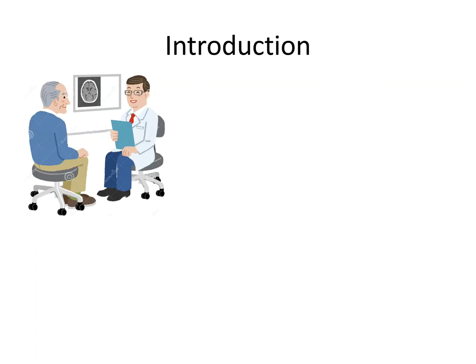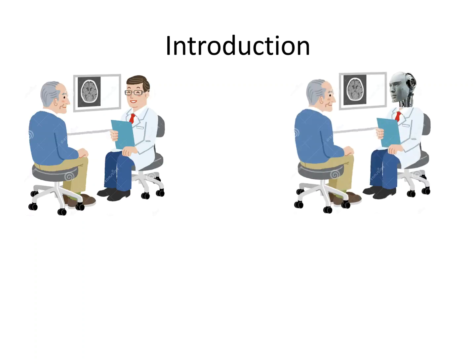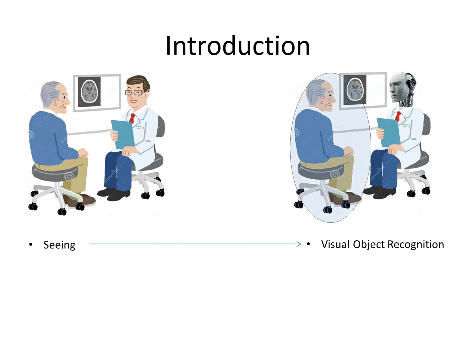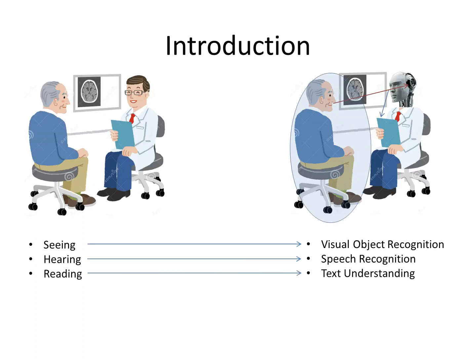Suppose we want to accomplish the same task via machine, how can we do that? In the case of machine, first it needs to identify the object, that comes under visual object recognition. Next is speech recognition, that is hearing. And the third one is text understanding, that is understanding the reports that the machine is having. All these tasks come under the perception tasks.